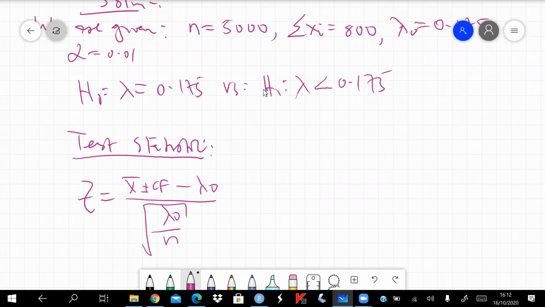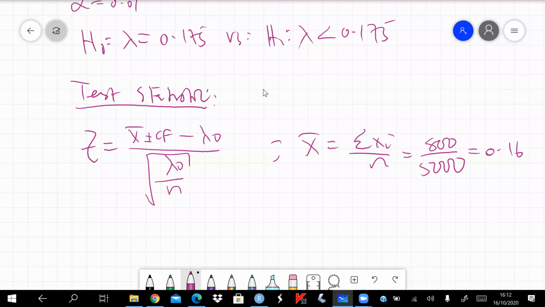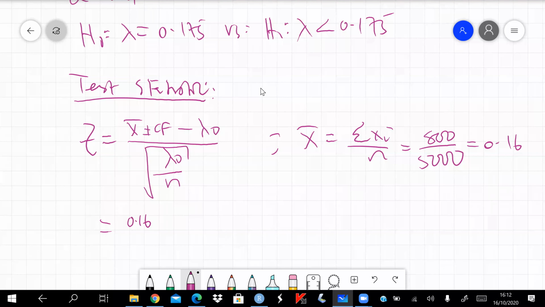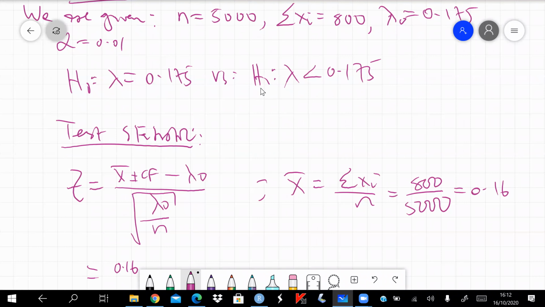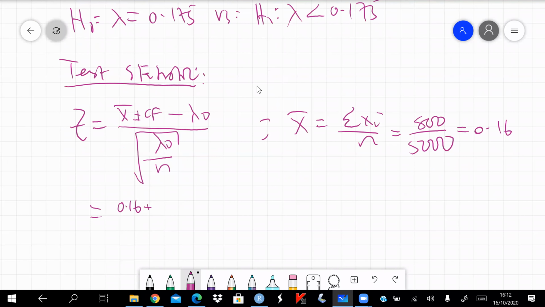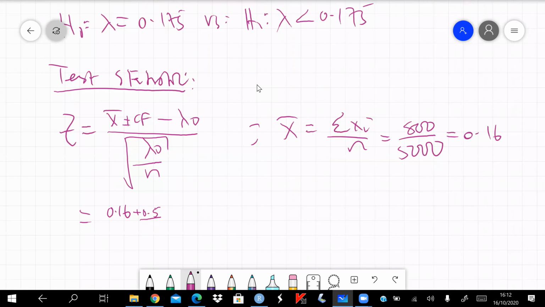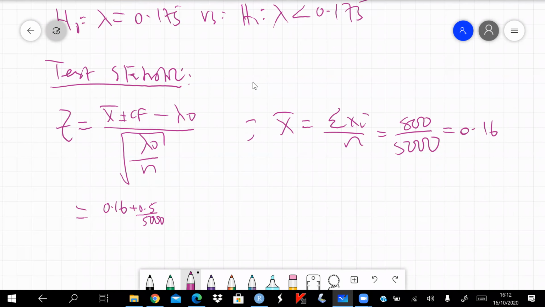Then our X bar, which is the summation of xi over n, will be 800 divided by 5,000, which is equal to 0.16, and our lambda naught is higher, so we're going to say plus 0.5 divided by n, where n is 5,000, minus our lambda naught, which is 0.175.